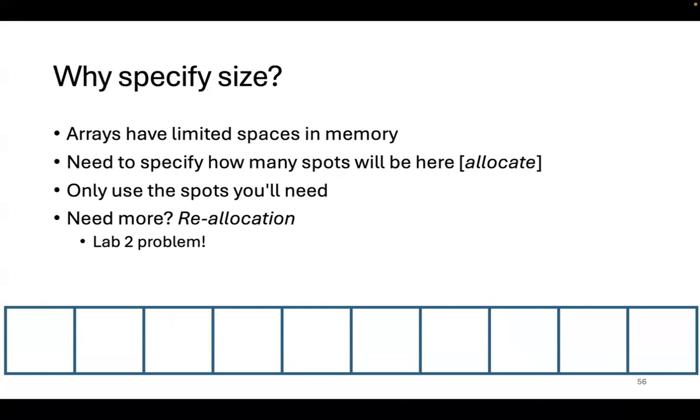That's a problem that's going to be in lab 2, so I'll leave discussion of that for later. But just know that the space we have is the space we got. We can't add or subtract once we allocate the array. Number 16 is just the word allocation.